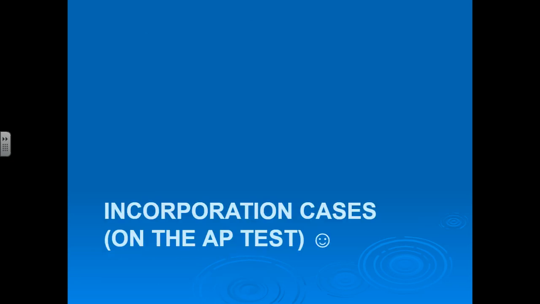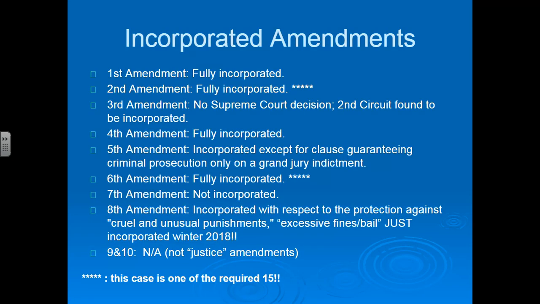Well, real quick. So the first, the second, the fourth, the sixth, and the eighth are all fully incorporated amendments, meaning the states cannot also create laws that would infringe on these rights. The Third Amendment, like I said, has had no Supreme Court decision on it.